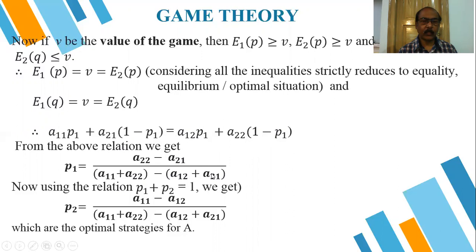So this is our denominator, and the numerator is A22 minus A21.